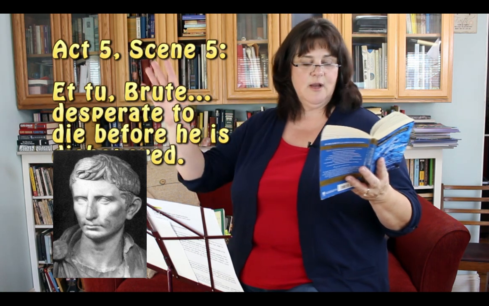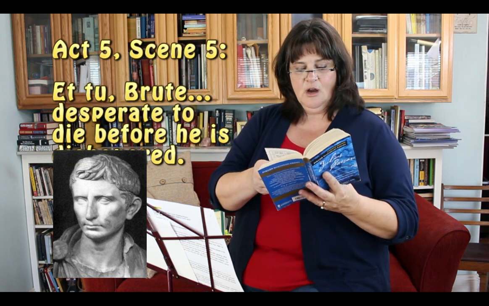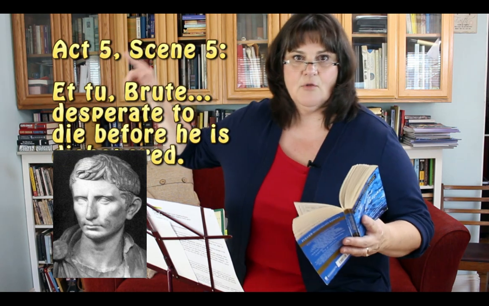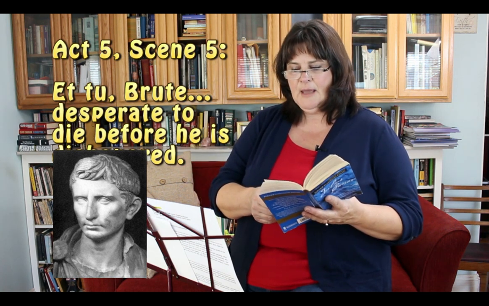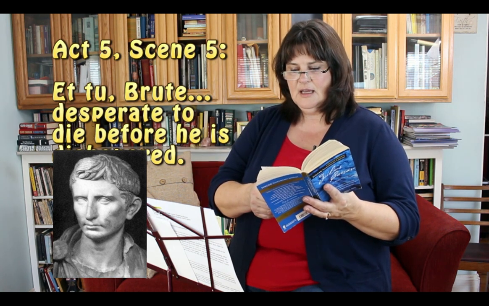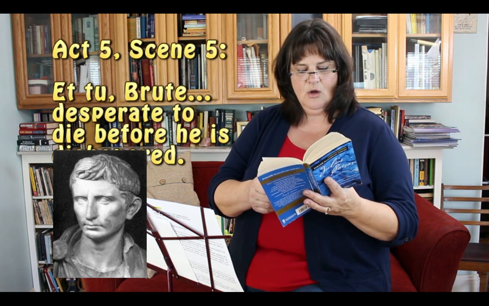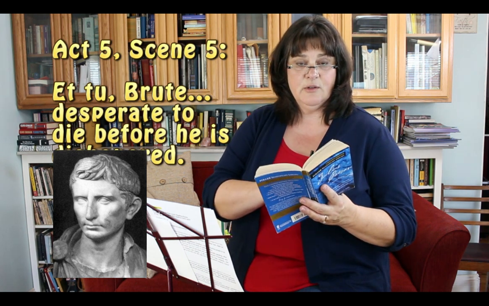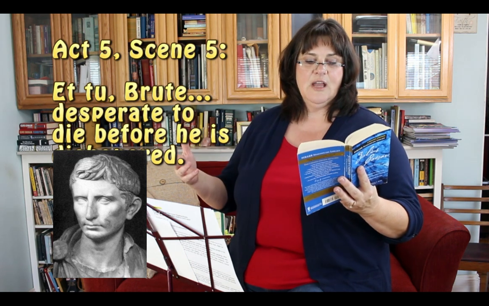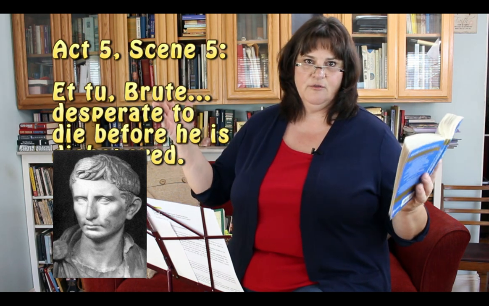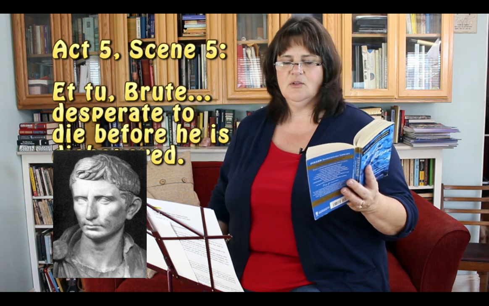So Titinius goes riding off to find out, and Cassius says, Pindarus, get up there on that rock and watch Titinius and tell me what's going on. Pindarus comes back and says, oh Lord, Titinius is enclosed round about with horsemen that make him spur, and oh no, they're shouting for joy. And Cassius says, come down, don't look anymore.